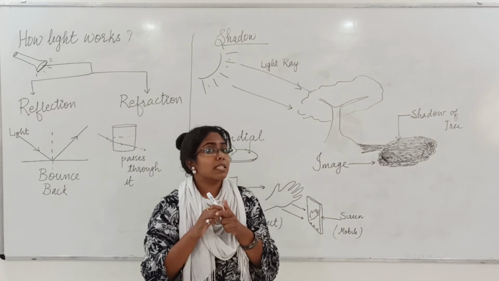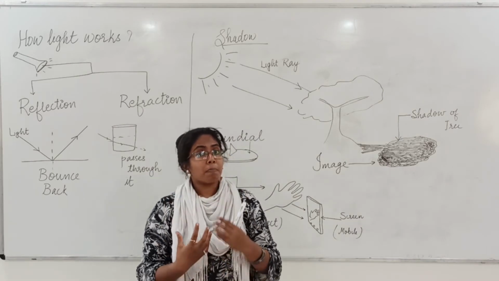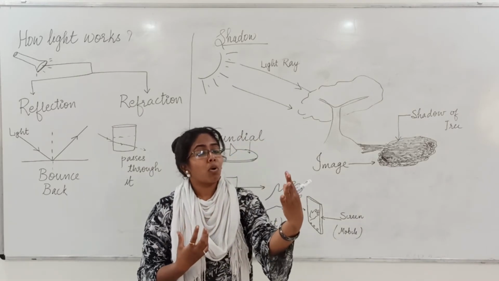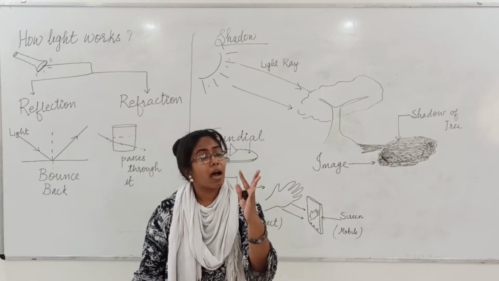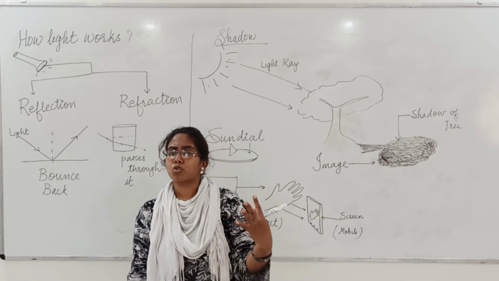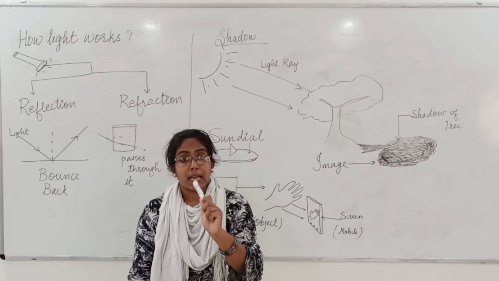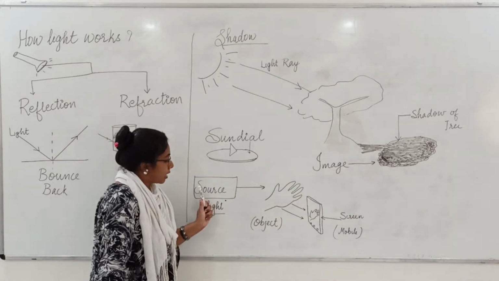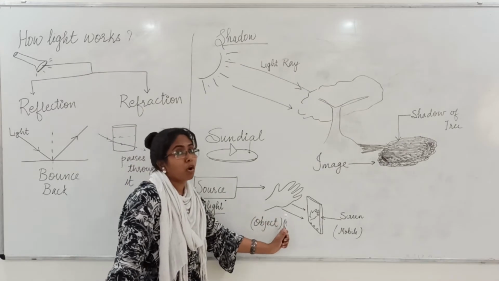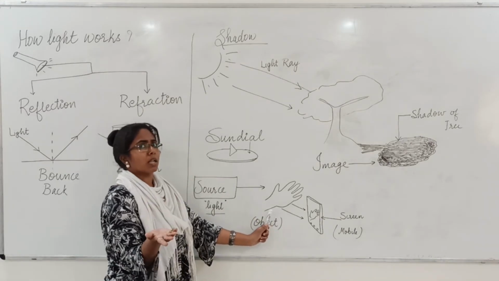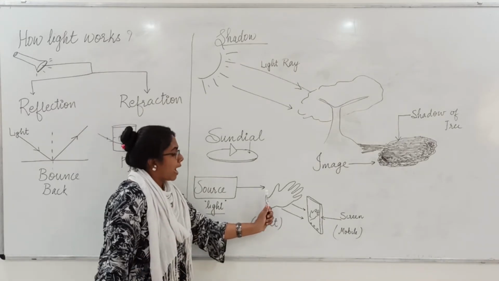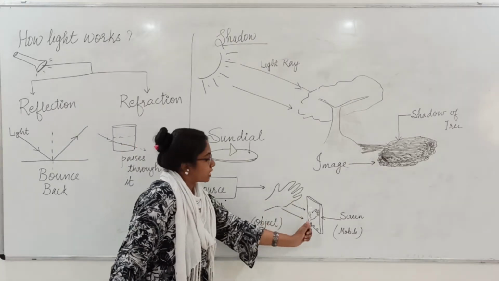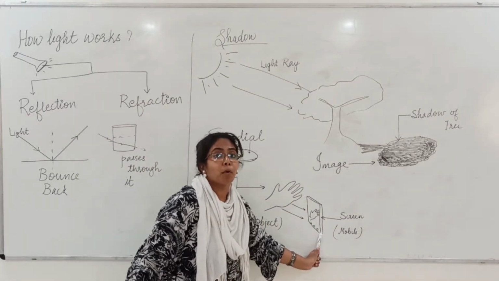For example, when you take a selfie on your phone, the picture that appears on your phone is called an image. How does it happen? How can you click a photo on your mobile phone? That is because when there is light, the light falls on an object. Who is the object? You are the object if you are taking the selfie. And the selfie photograph comes and strikes on the mobile.